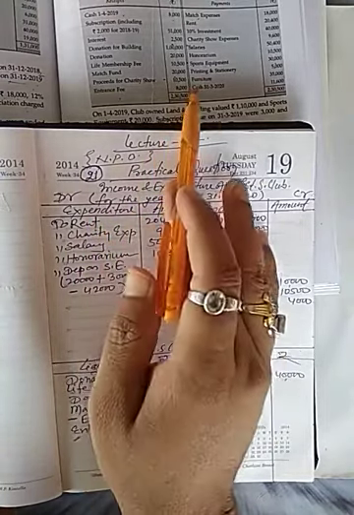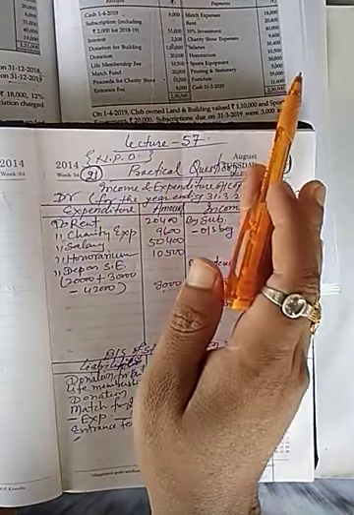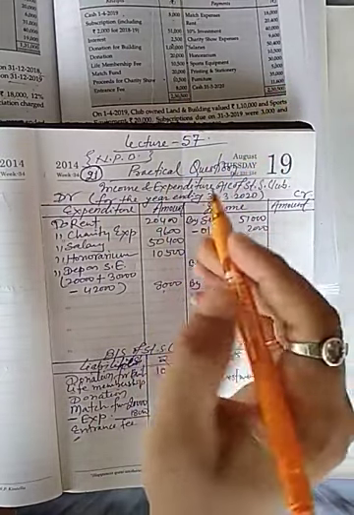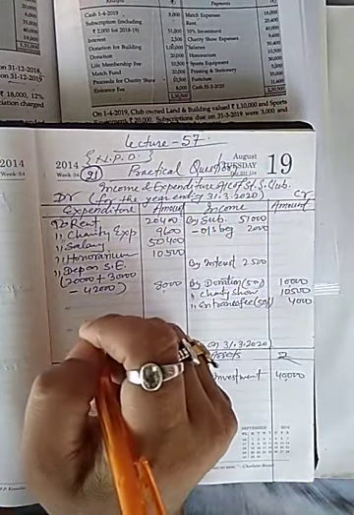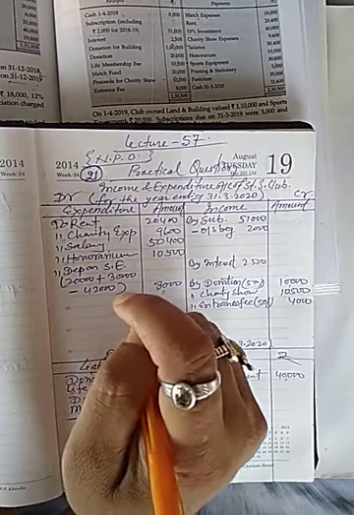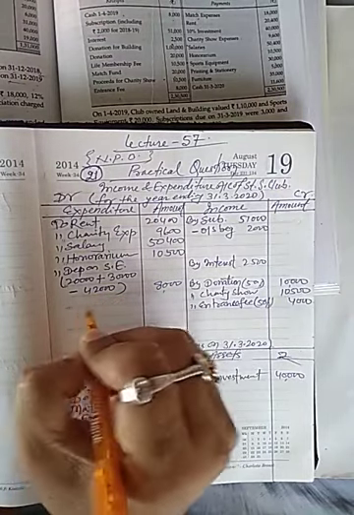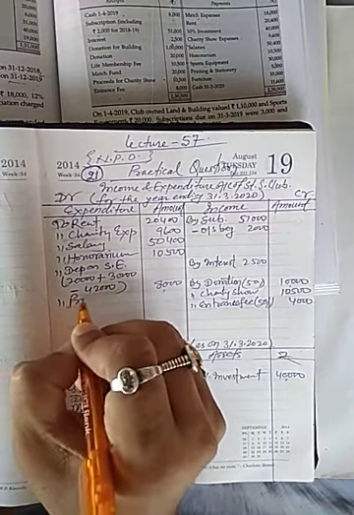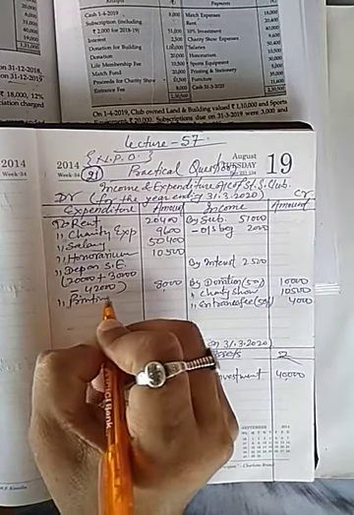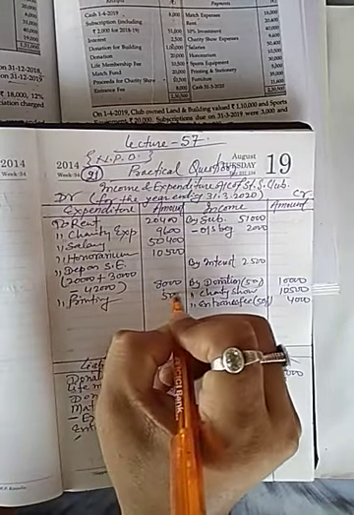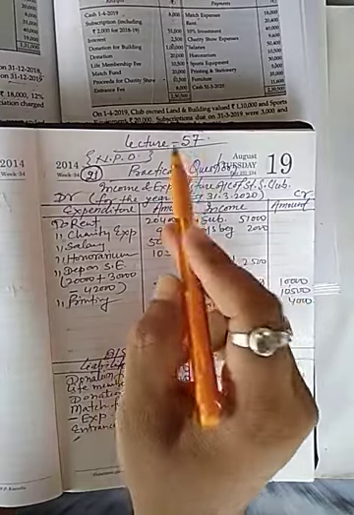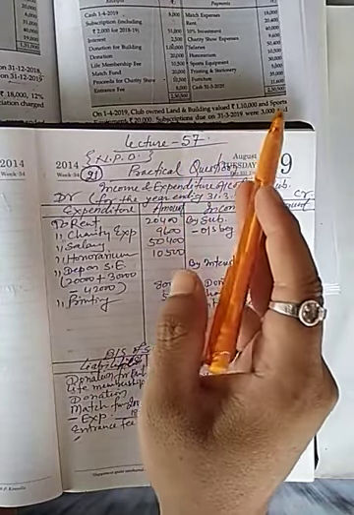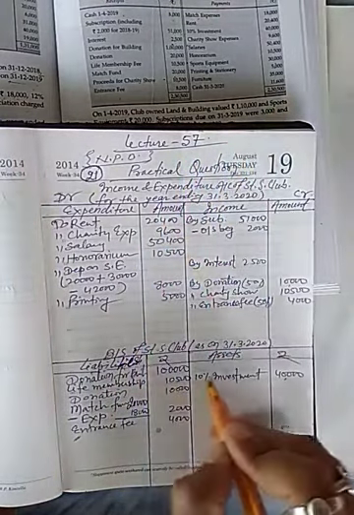Now printing is also given, 5,000. Printing 5,000, and closing balance of cash is given, 11,600.